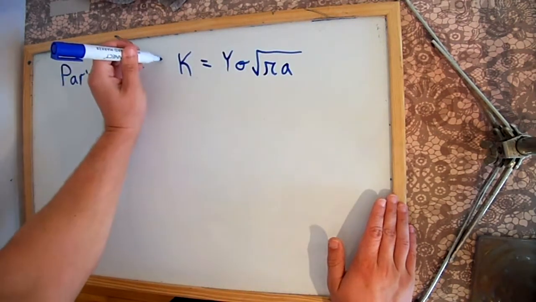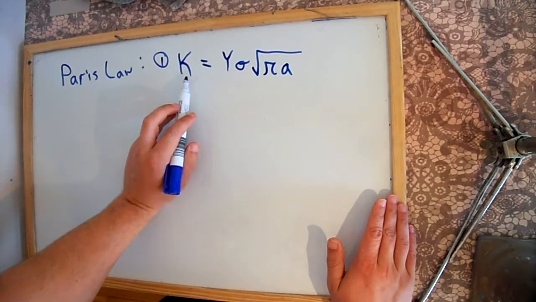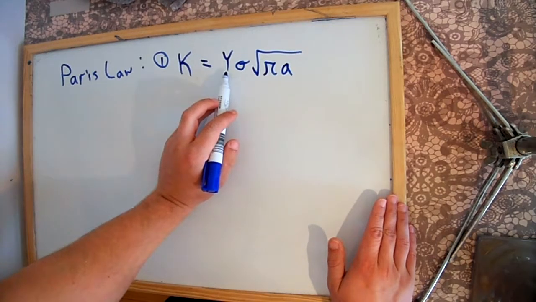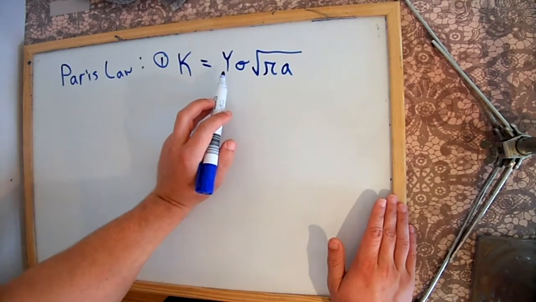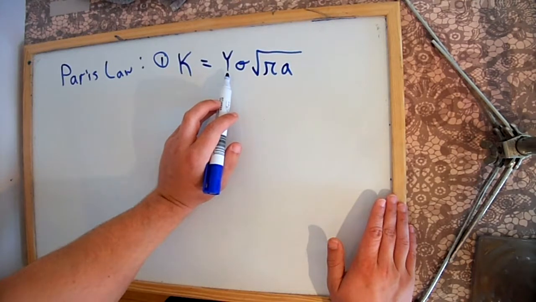This is the first equation of Paris' law. It says that the stress intensity factor is equal to Y, which is a number, in this question given as 1, but I believe it's based on the dimensions of the specimen, like height, width and thickness.